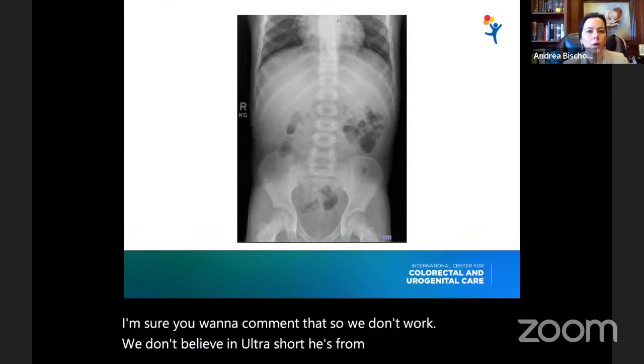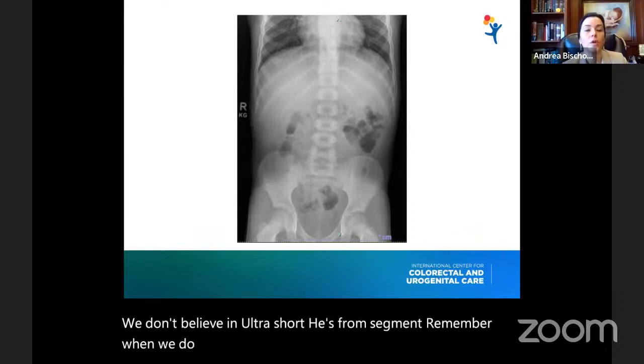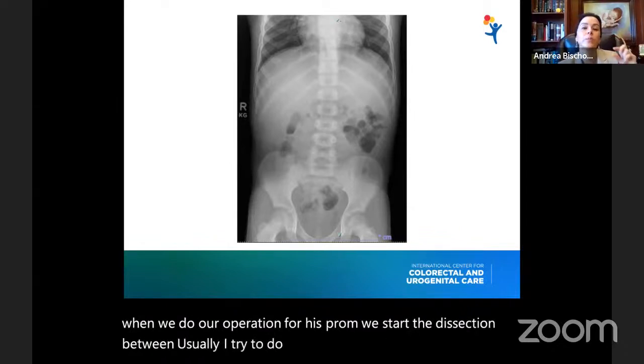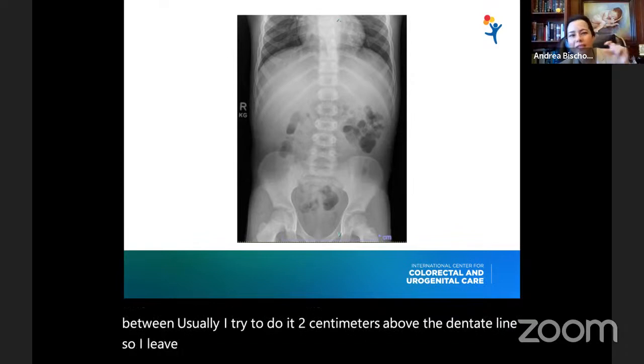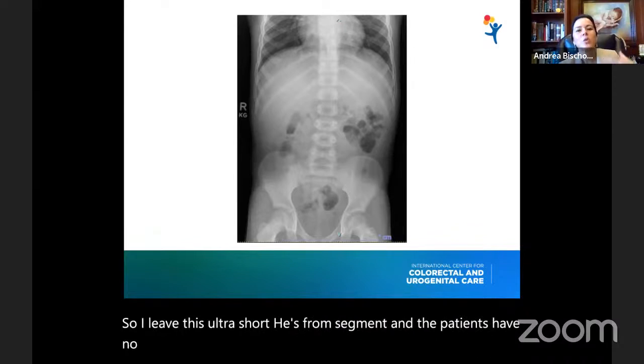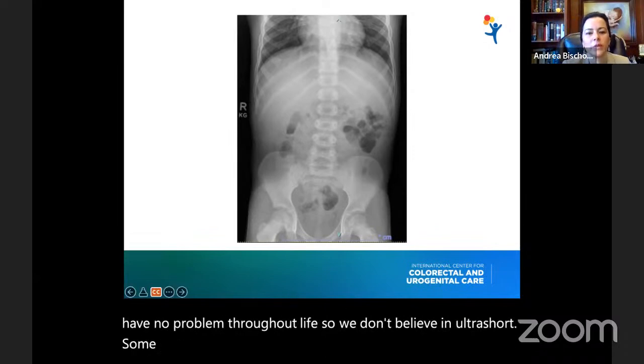Remember, when we do our operation for Hirschsprung, usually I try to start the dissection 2 centimeters above the dentate line. So I leave this ultra short Hirschsprung segment, and the patients have no problem throughout life. So we don't believe in ultra short Hirschsprung segment. Luis, do you want to comment?